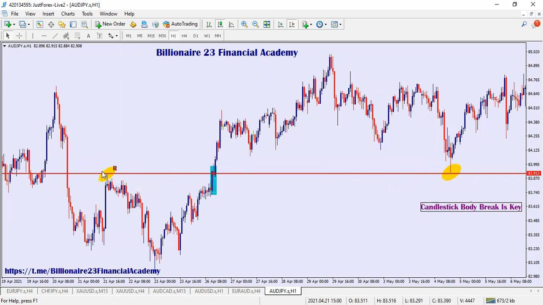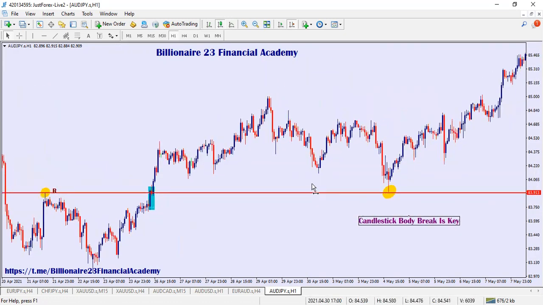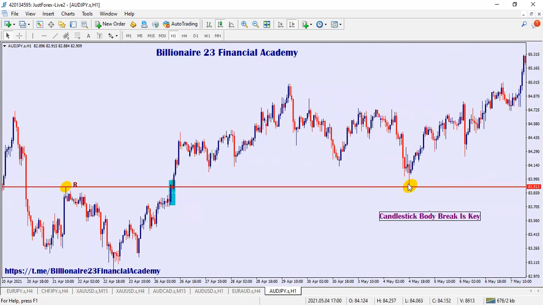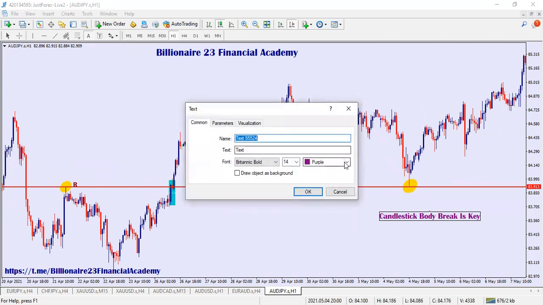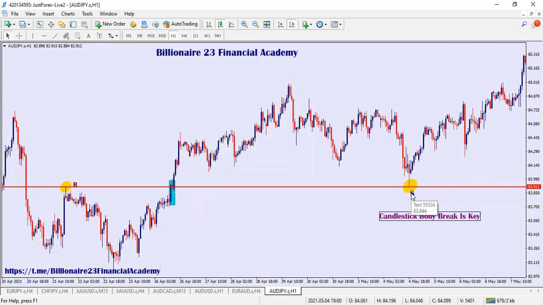So an example of a break would be this. You have resistance here, price drops, breaks it with a candlestick body, and then at some point in the future, it retests it as support. So this now becomes support.